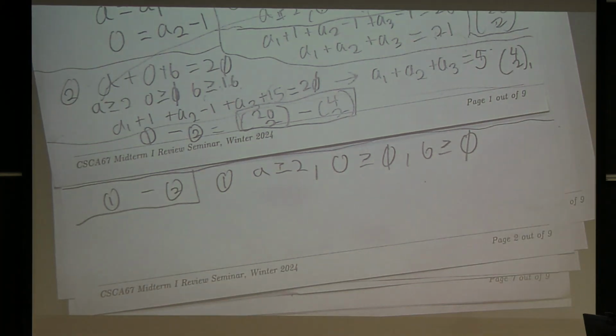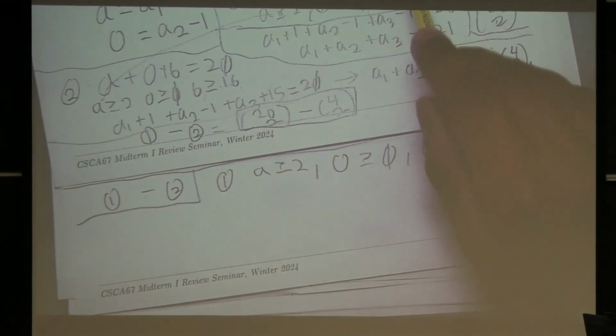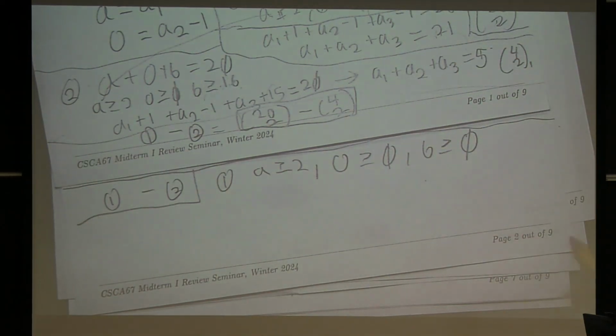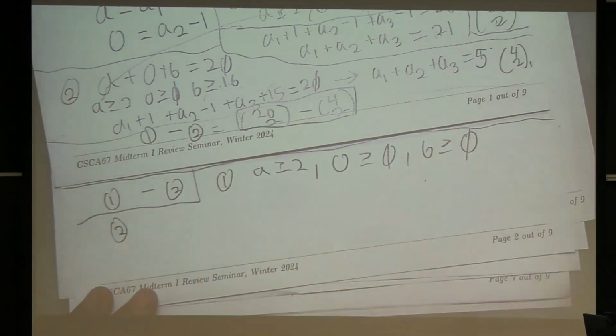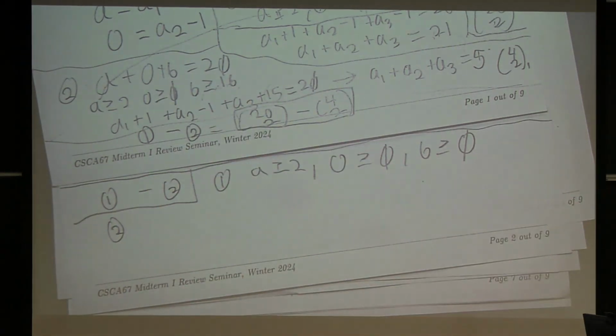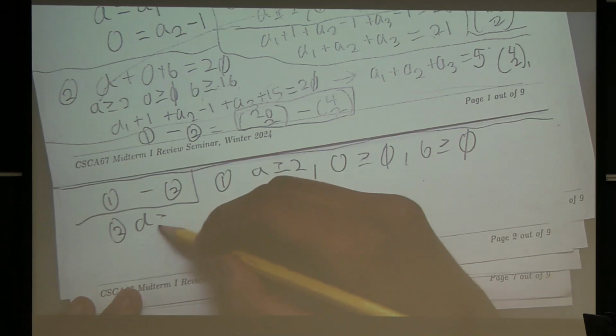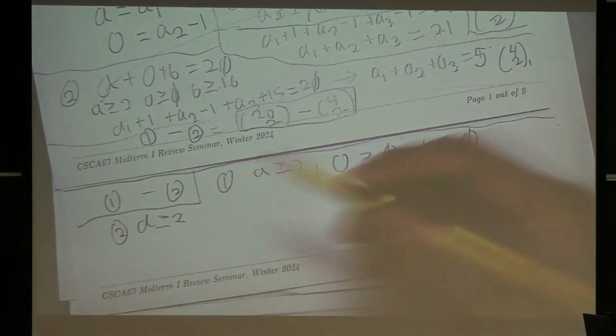So in total, we have all solutions in equation 1 where bananas are greater than or equal to 0, oranges are greater than or equal to 0, and apples are greater than or equal to 2. Does that make sense so far? So in equation 2, the reason now we define b to be greater than or equal to 16 instead. So same restraints for apples and oranges.